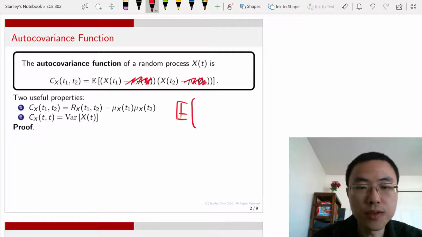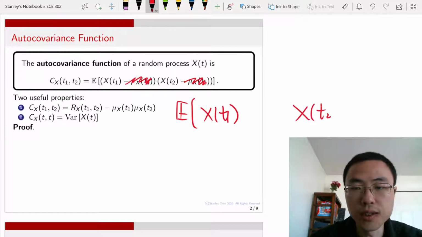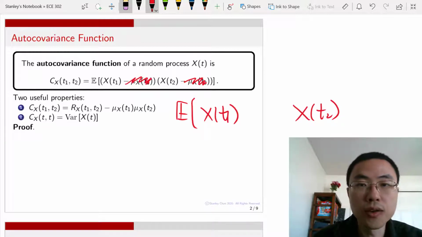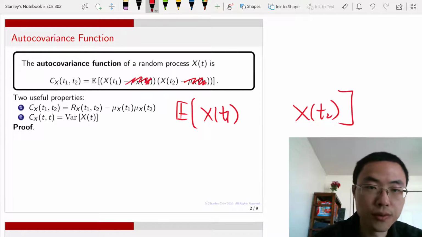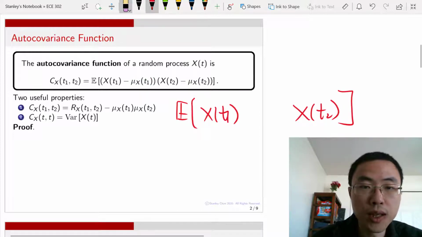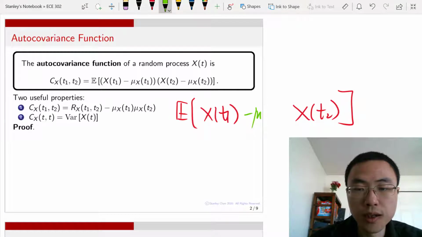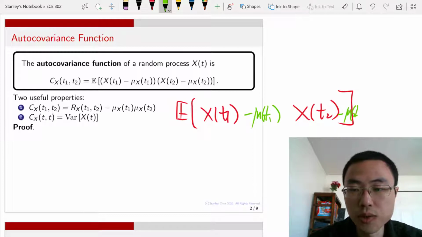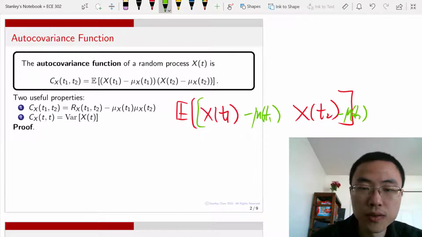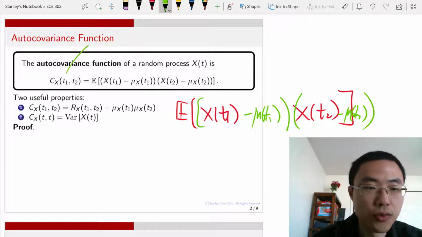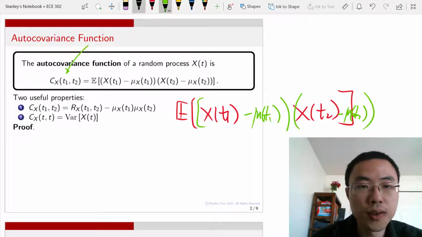You have the expectation of x at t1 times x at t2. This is the autocorrelation function. Now, if you subtract mu1 and mu2, where mu1 is mu at t1 and mu2 is mu at t2, and you multiply them, then you have this thing called the autocovariance function.